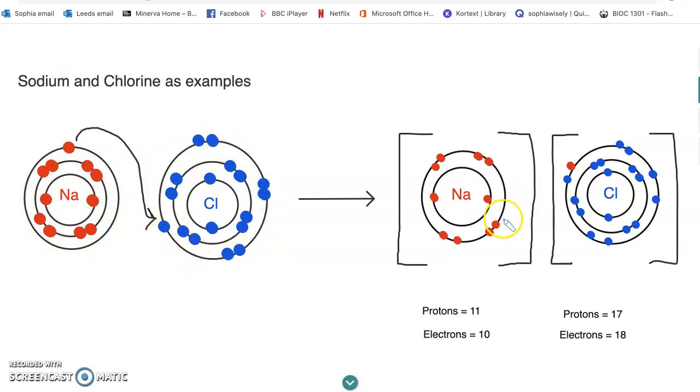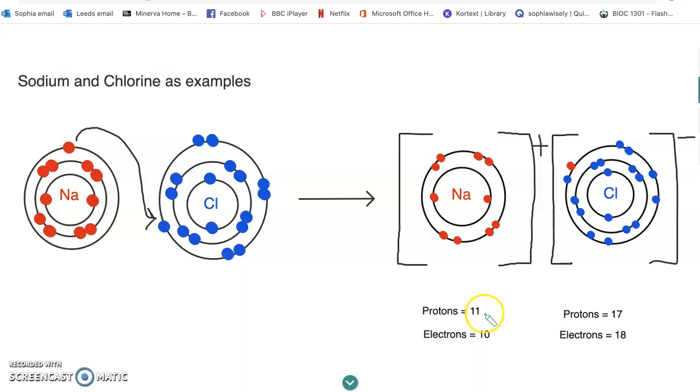So sodium has lost an electron, more protons than electrons, so is positively charged. And then the chlorine has a full outer shell of electrons, and this red electron here is from the sodium, and so it has more electrons than protons, so it is negatively charged.